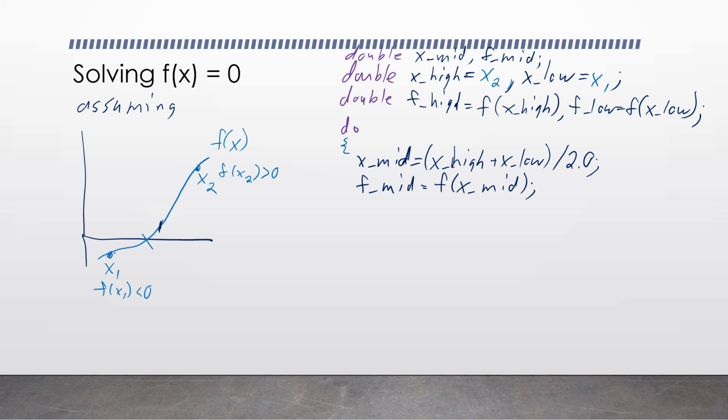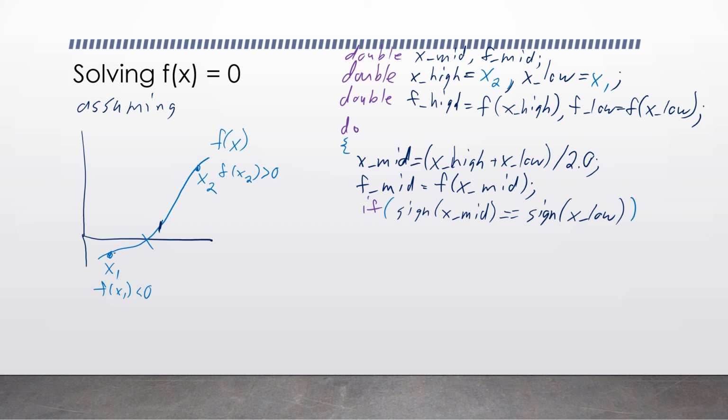Okay. Now, the key point, we're going to check if the sign of f mid equals the sign of f low. That means they're both negative. They're both on the same side of the x-axis.